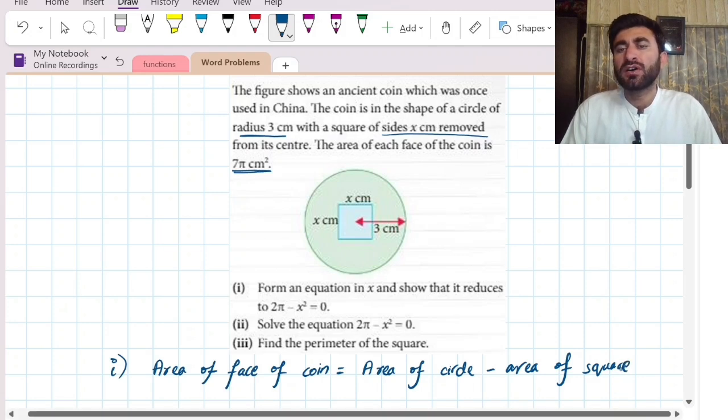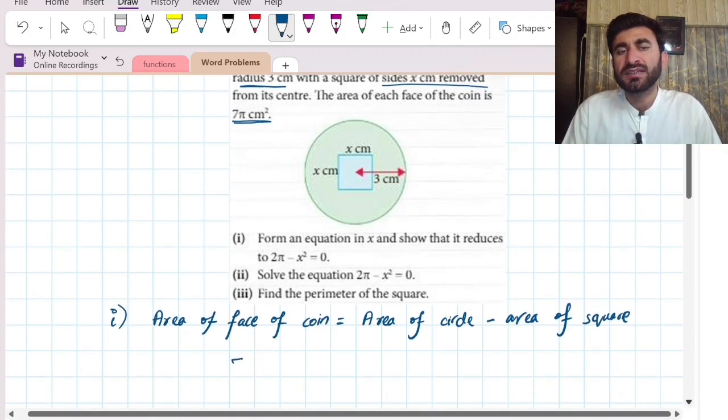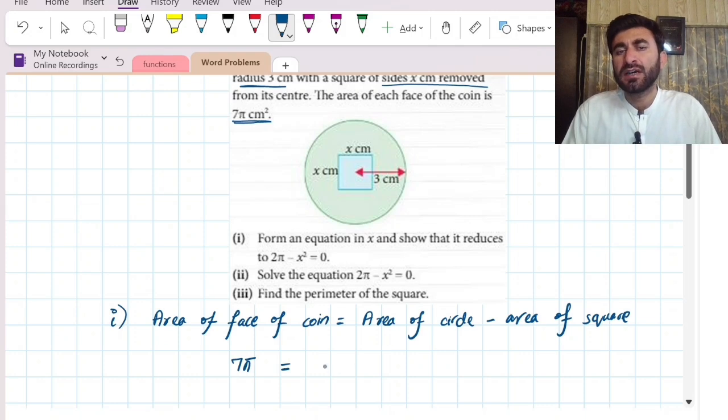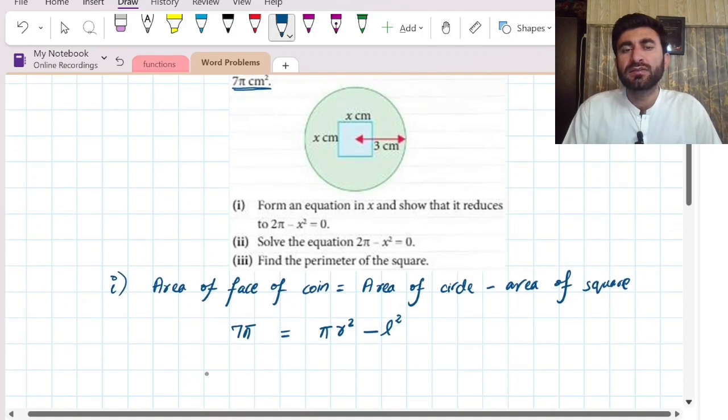First, we should recall the formula for the area of a circle and the area of a square. The area of the face of the coin is 7 pi. Replace the value over here. The area of a circle is pi r square, minus the area of the square, which is the square of its length. Now we replace the value of radius and length of the square.